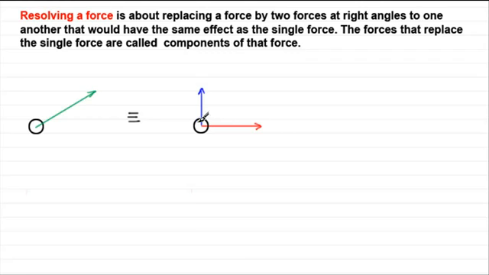Let's say that we call this force F newtons. I'm showing you that you can split this into two components. We can take the first component, just move it over here.